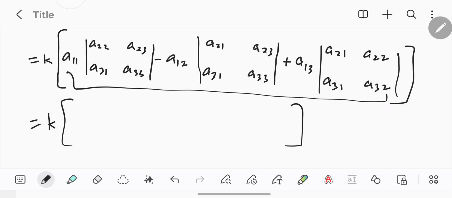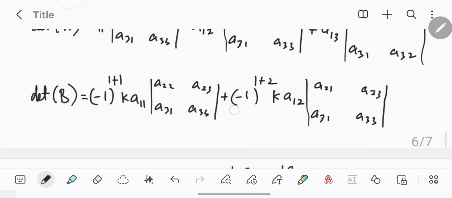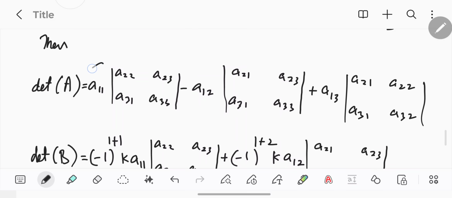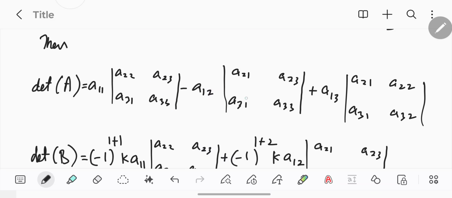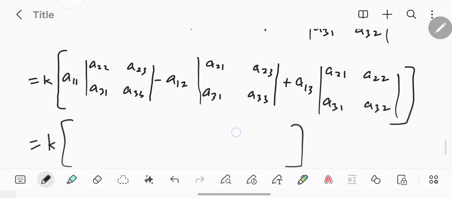If you compare this whole thing with the determinant of A, the determinant of A is exactly this: A11 times its determinant, minus A12 times its determinant, plus A13 times this determinant.